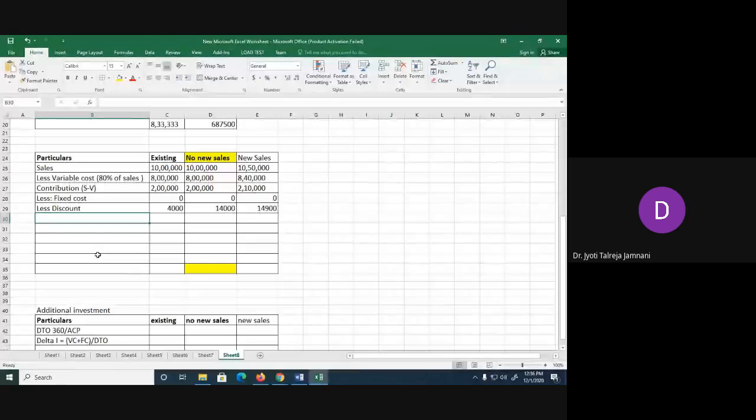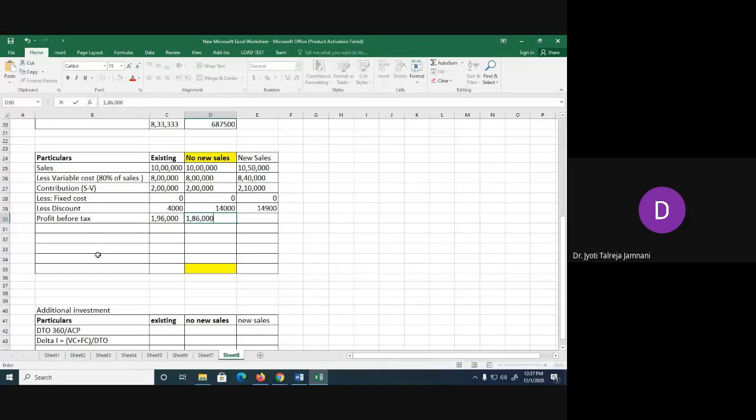So if you less discount, you will get profit before tax. So 2 lakh minus 4,000, you get 1 lakh 96,000. 2 lakh minus 14,000, 1 lakh 86,000.